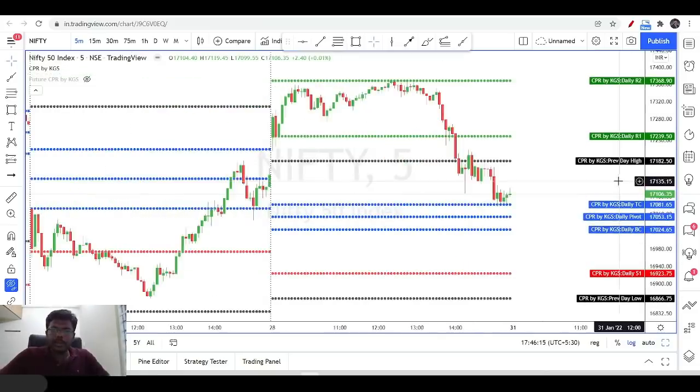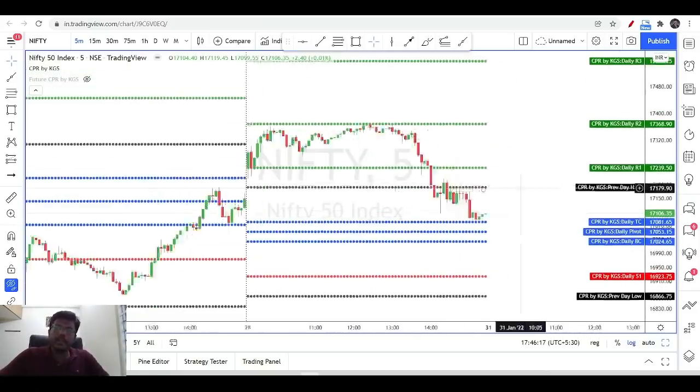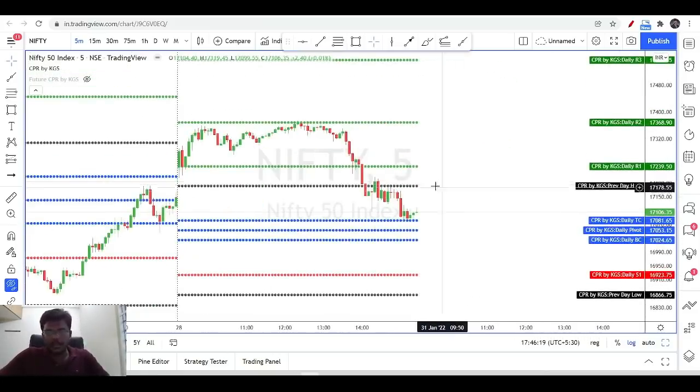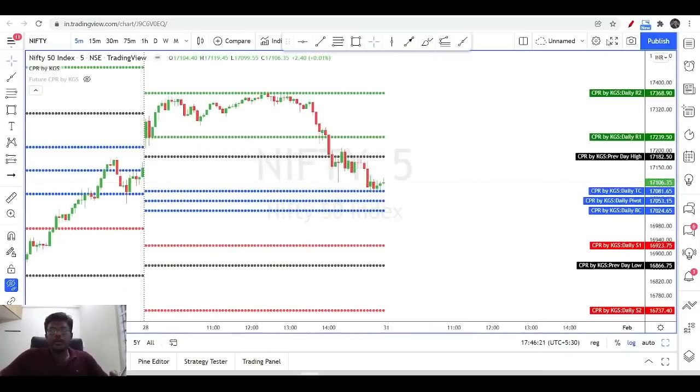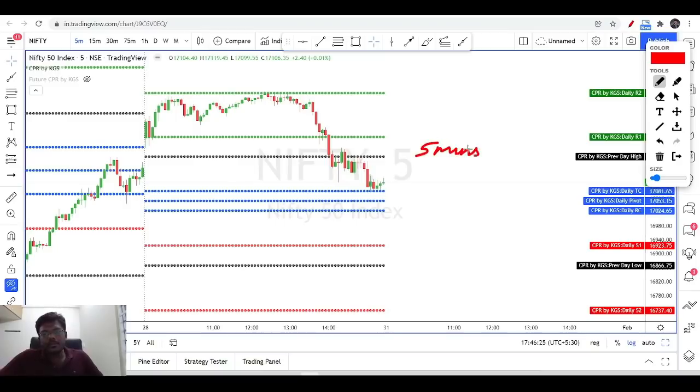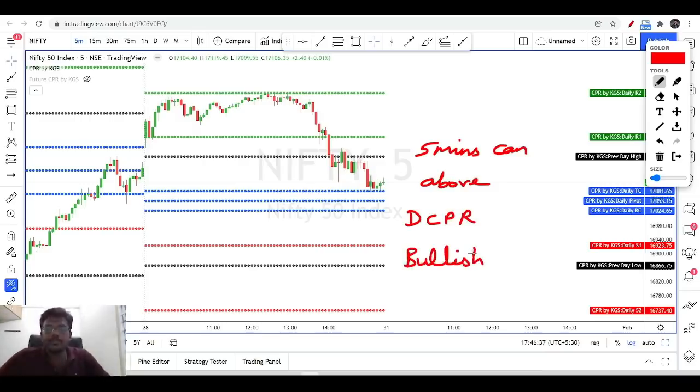As per the daily chart, the candles are trading above daily CPR, right? Remember one important point: if 5 minutes candles are above daily CPR, then it is going to be bullish. Until the candles are above daily CPR, the trend is going to be bullish.